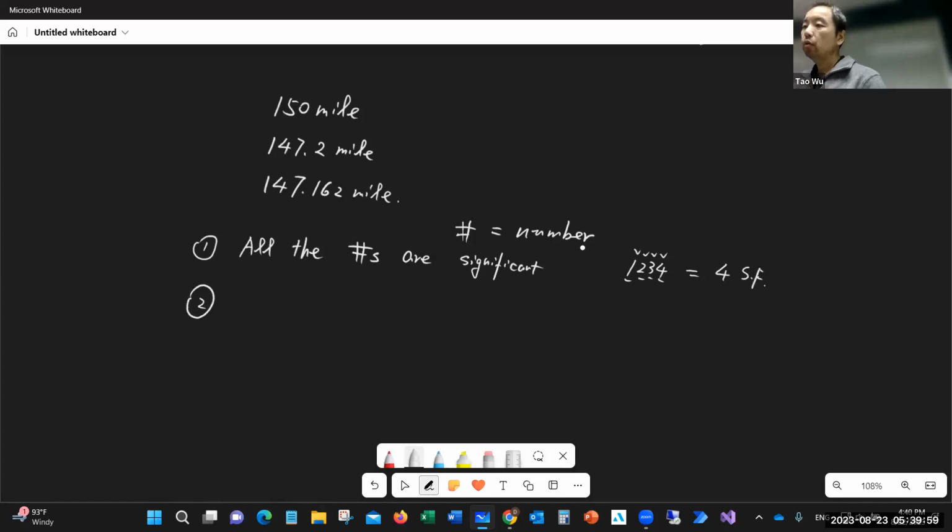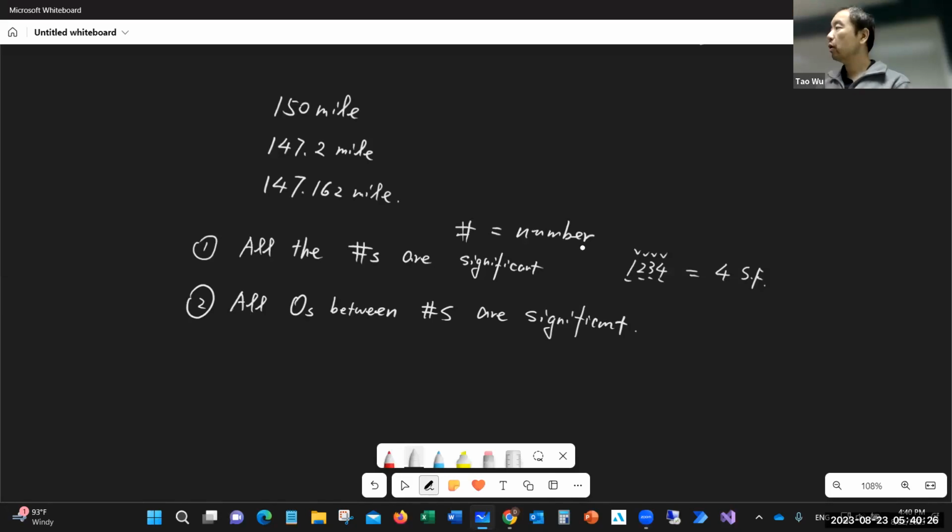Rule number 2 is about zeros between numbers. All zeros between numbers are significant.